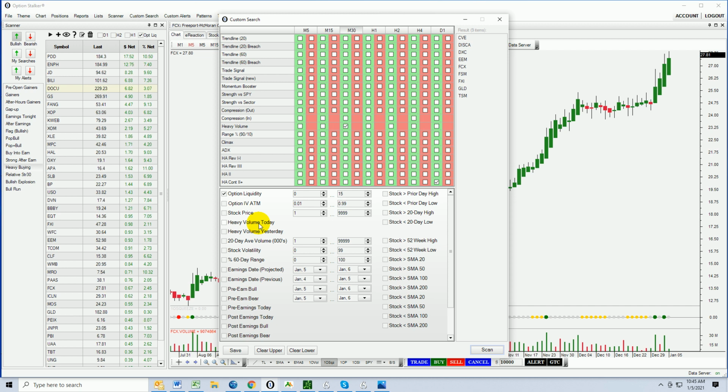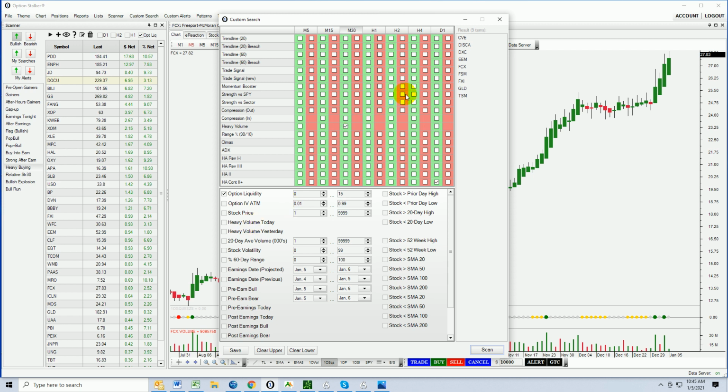Volume, very, very important in terms of momentum and being able to find high probability trades. Well, what does heavy volume yesterday mean? That means that after the close yesterday, we took a look at what the total volume for the day was, and it was heavier than the 20-day average. So if you combine both of these, you know the stock had great volume yesterday, it's got great volume today.